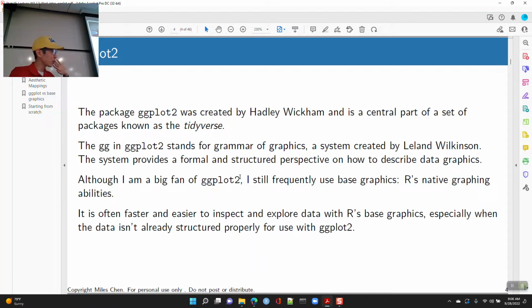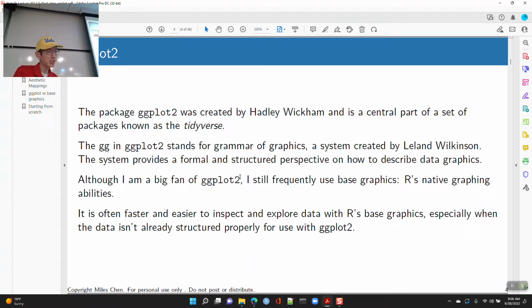And there's a whole bunch of different things. Within R, there's a set of packages that are collectively known as the tidyverse, which has a certain philosophy as far as how the packages were designed. And Ggplot is the data visualization aspect of that.